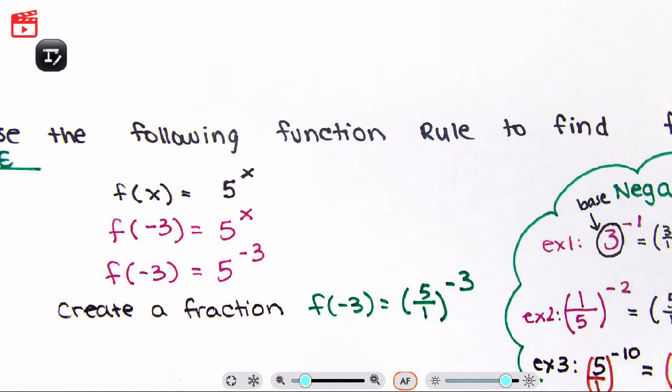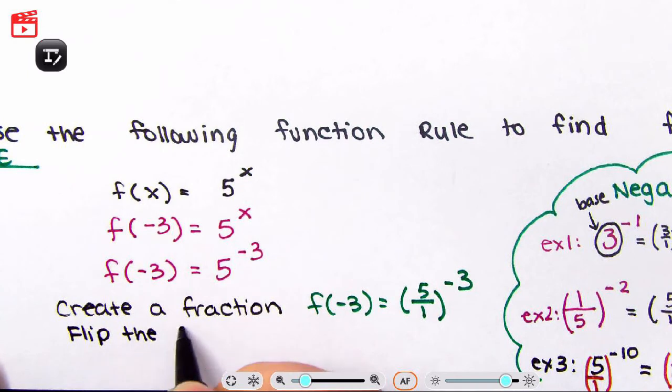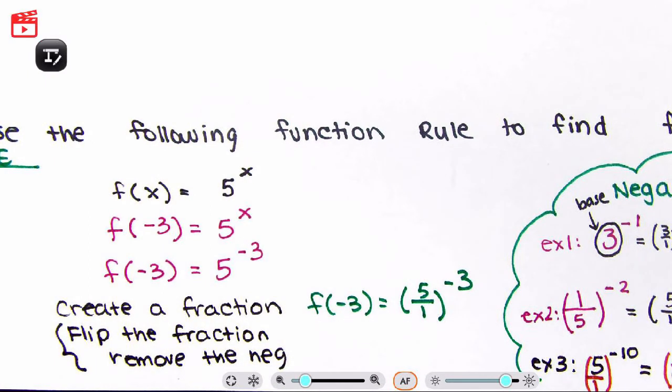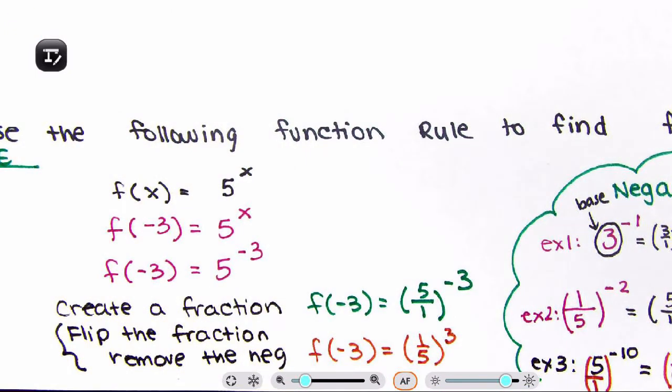You're now going to flip or take the reciprocal, and remove the negative. This has to happen at the same time. It's not separate steps.